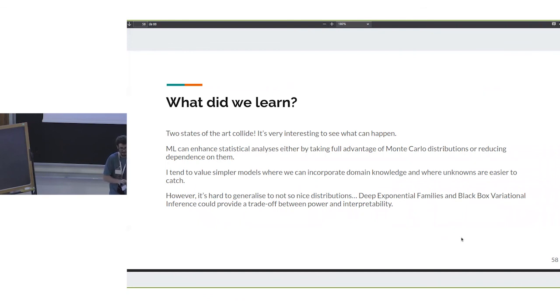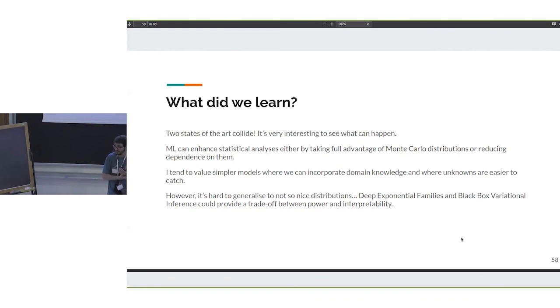And this is a very subjective comment in the sense that I tend to value simpler models where we can really test the assumptions and we can incorporate domain knowledge by explicit modeling of the joint distribution. The problem with this approach is that it's hard to generalize when you don't have such nice distributions as, for instance, multinomials. Here I was dealing with discrete variables, which you can model as multinomials.